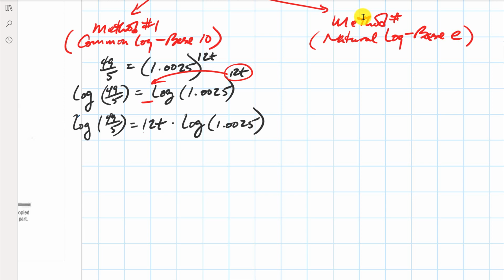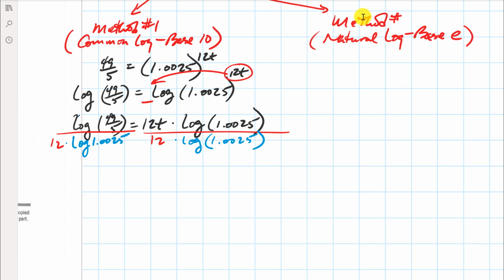I'm multiplying t by 12, so I'm going to divide both sides by 12. But I'm going to kill 2 birds with 1 stone here. I need to cancel out the log as well, so I'm also going to divide by the log of 1.0025 on both sides. Notice the times symbol there. It's actually 12 times the log of 1.0025.